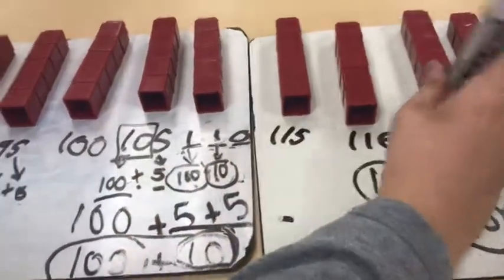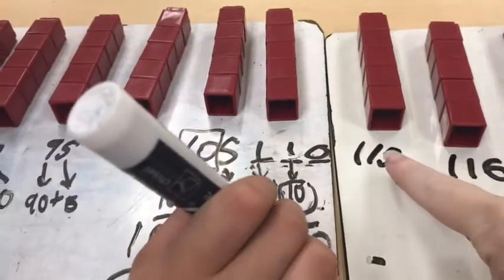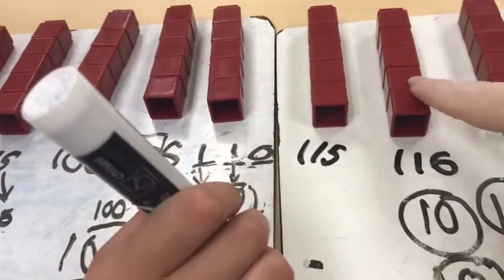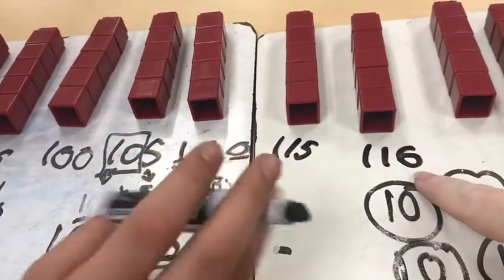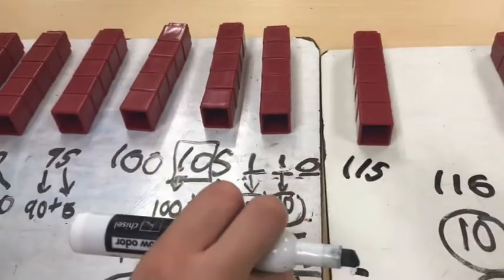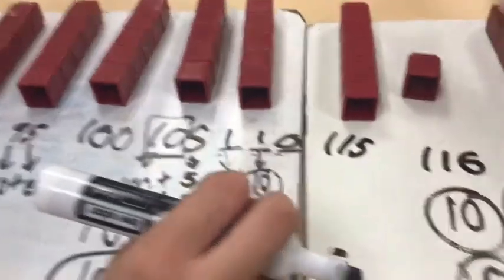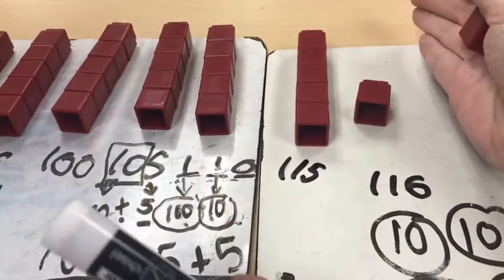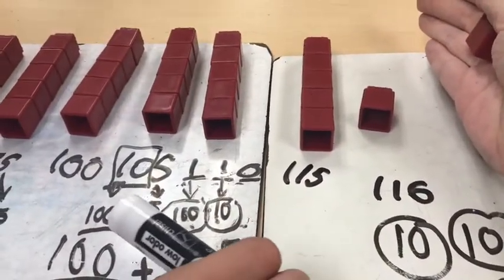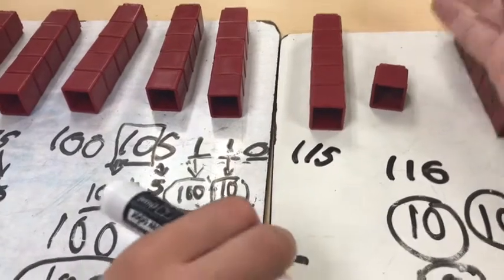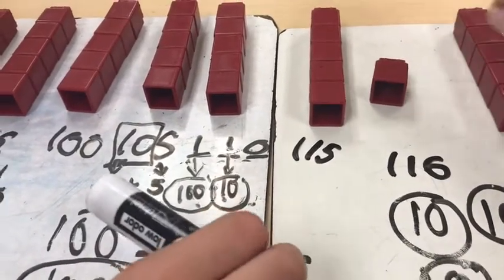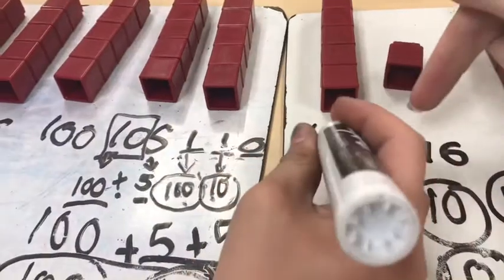And 100. Wait a minute. 115 plus 5 more is 116? Yes. I thought 115 plus 1 more would be 116, right? Because 1 more than 15 is 16.